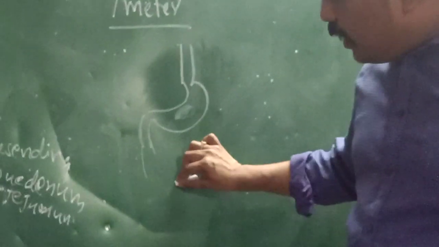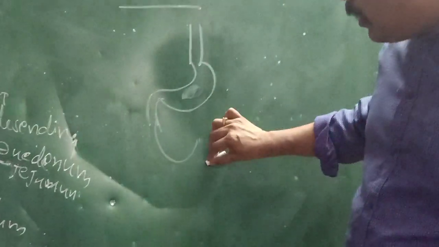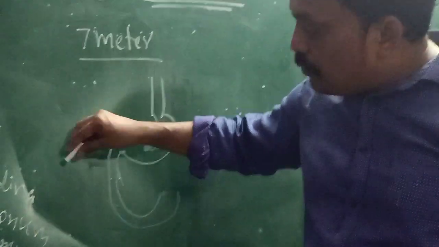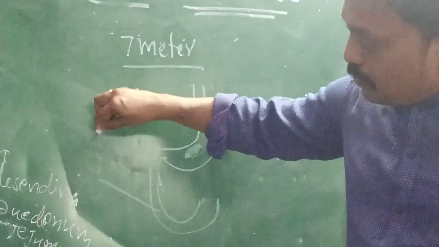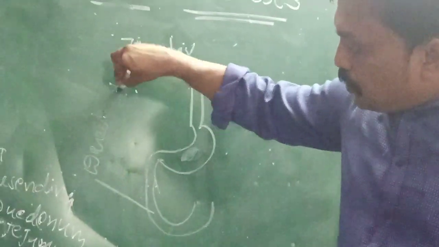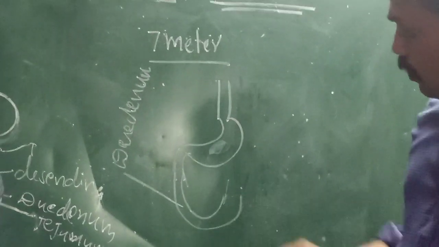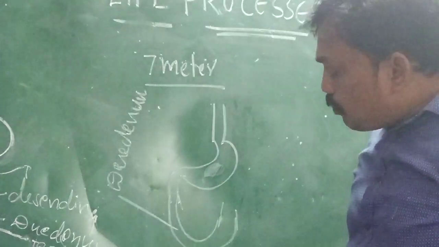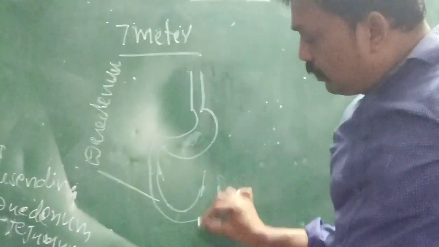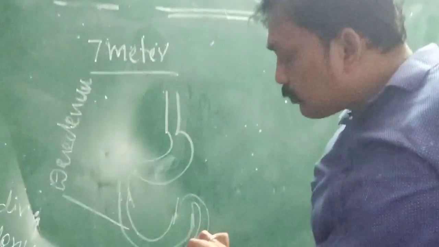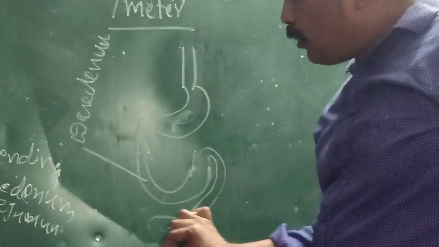The first part of the small intestine we call the duodenum, which is a U-shaped structure. The second one is the jejunum, and the third one is the ileum.